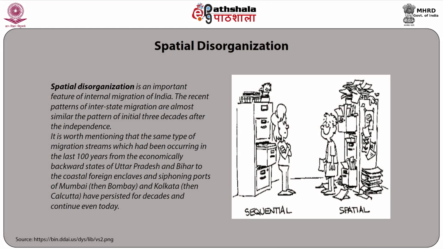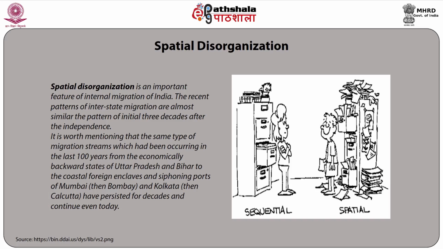Now, coming to another important aspect of determinants of internal migration in India, which is spatial disorganization. Spatial disorganization is an important feature of internal migration in India. The recent pattern of interstate migration is almost similar to the pattern of the initial 3 decades after independence.